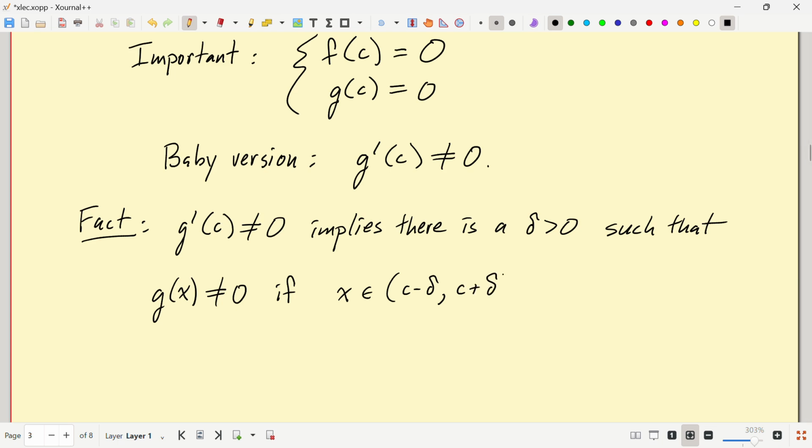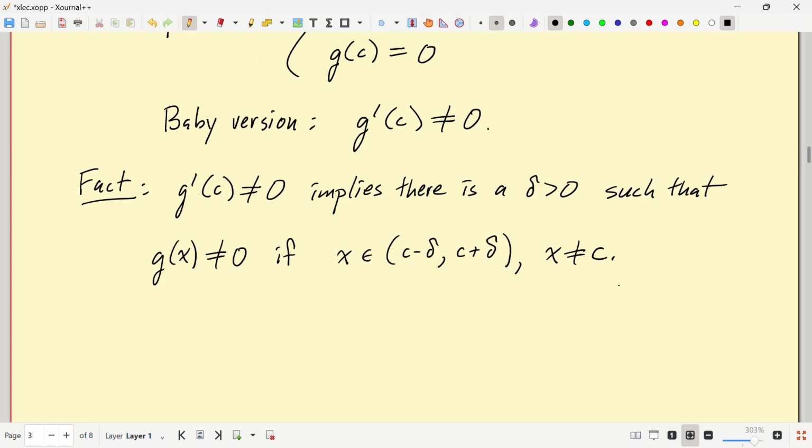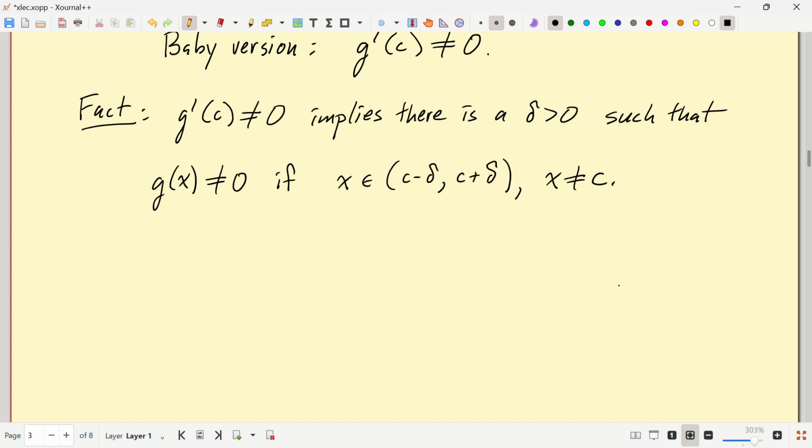So in other words, c is the only 0; it's an isolated 0. That's an easy thing to check, just from the definition of the derivative.